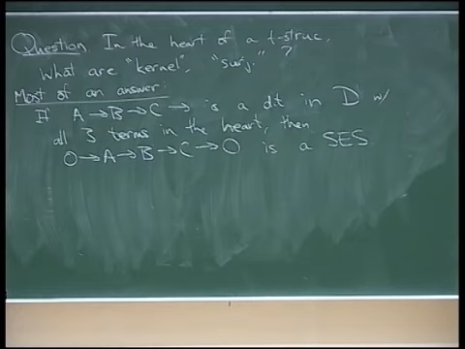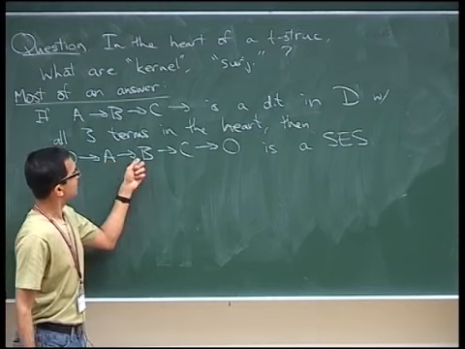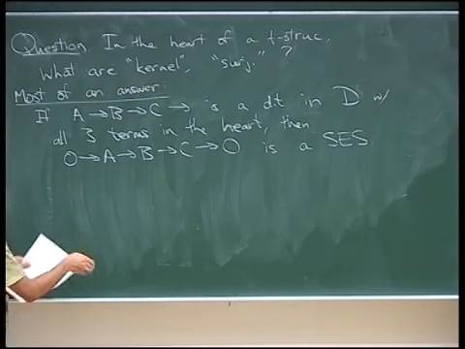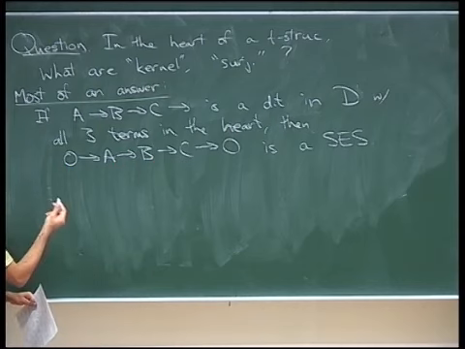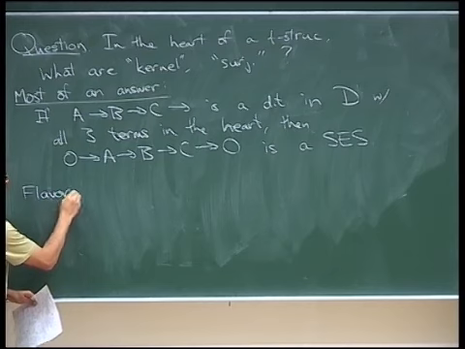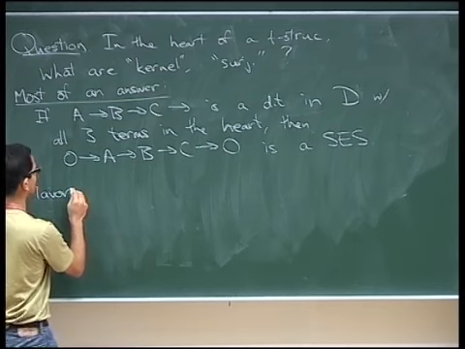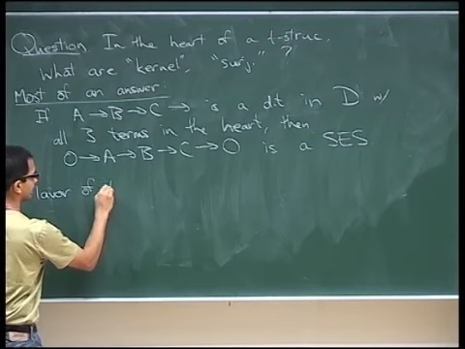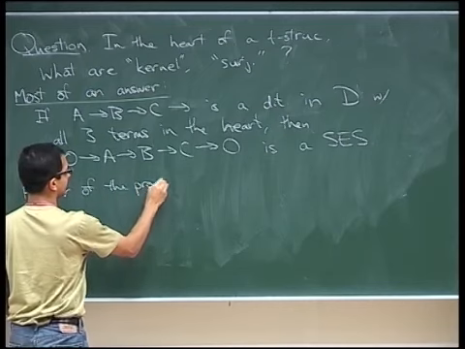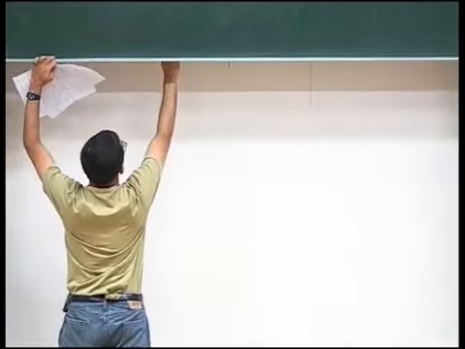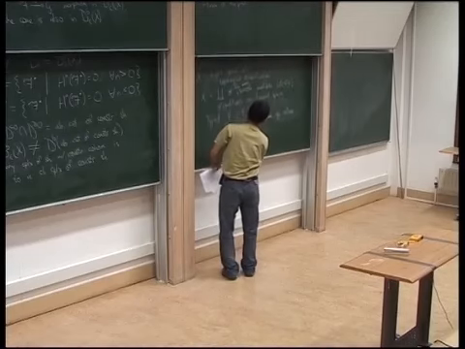So we need to prove that the map from A to B is the sort of categorical kernel of the map from B to C. And to give you a flavor of the way the proofs of these kinds of things work, I'm going to sketch a proof of something that's a lemma on the way to proving this kind of thing, and is also something that's important in its own right.